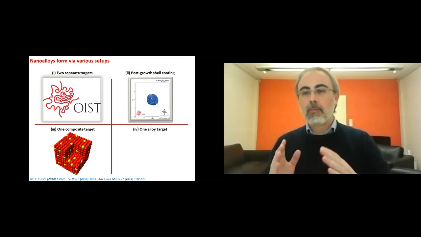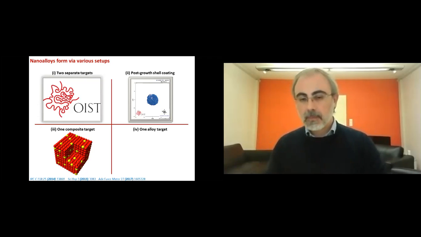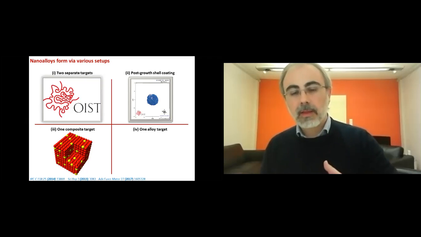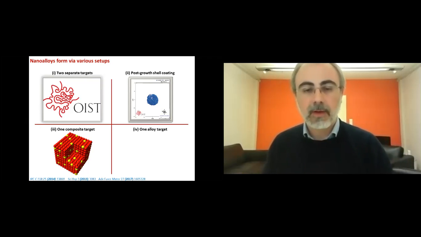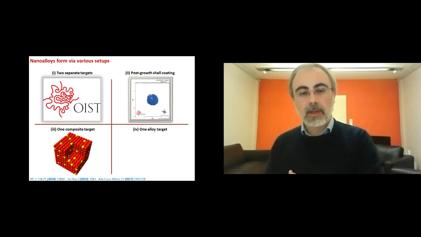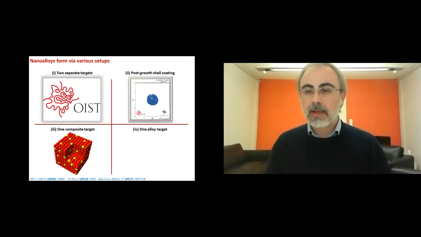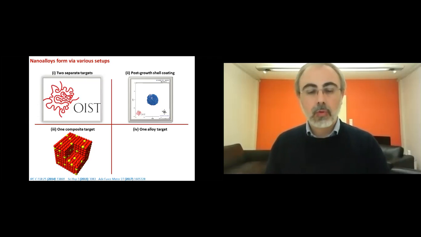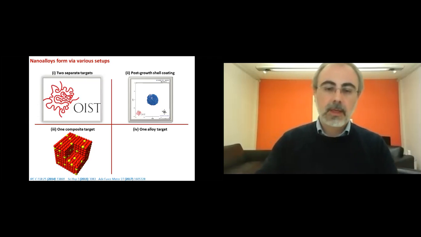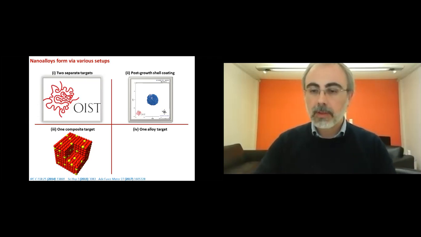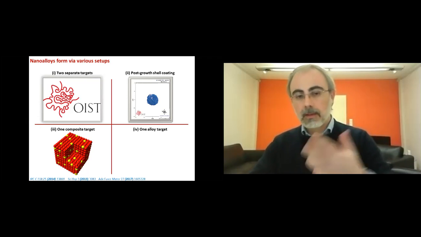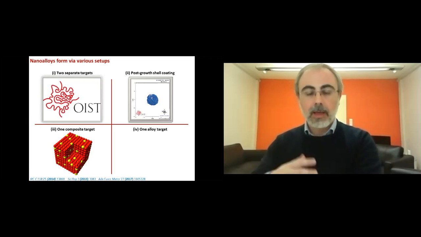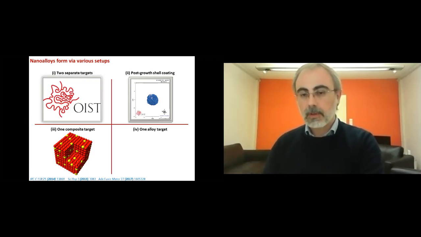So if you manage to enhance the growth of one type of facet at the expense of another, then you can end up with a cluster which has only 100 type facets, which is a cube with 100 surfaces. And this is how we could make iron cubes. And this is the alloy formation of iron gold nanocubes.